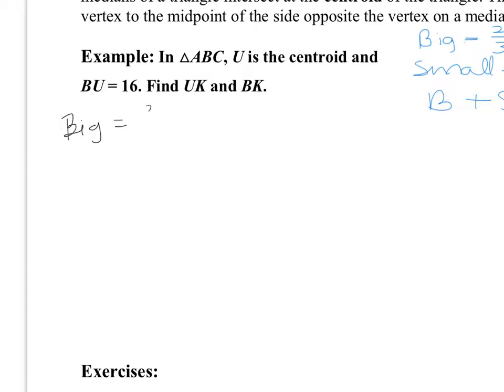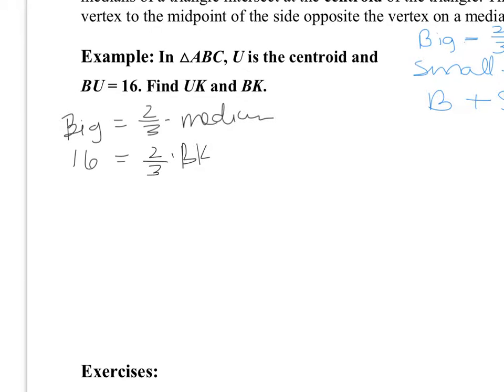The big piece is equal to 2/3 the median. That's the one I'm going to start with. And we know that the big piece is 16. And that allows us to solve for the median, which is segment BK.